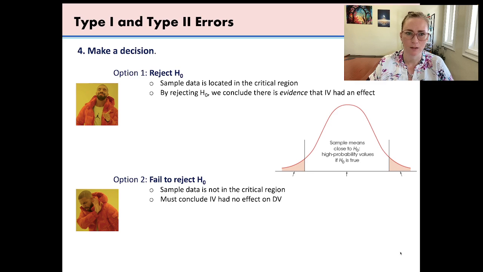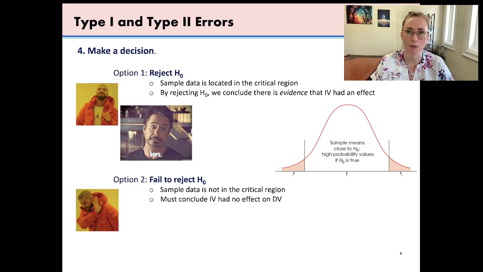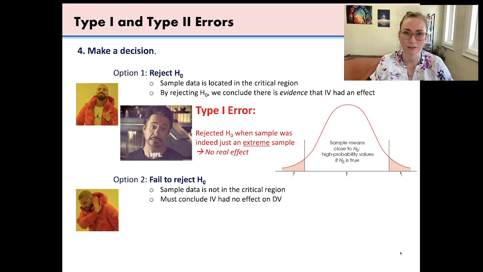Okay. So when you make a decision, right, there's two types of errors that go along with these decisions. The first decision was that I reject the null hypothesis, which is good. It's the one we want. But sometimes we make a mistake where we actually rejected the null hypothesis when there was no effect. We thought we saw an effect, but there wasn't.